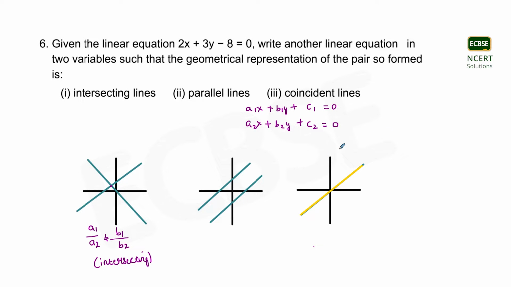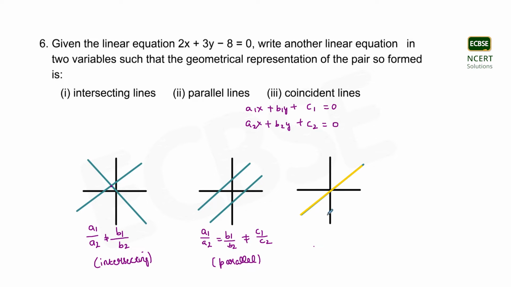So the condition on the coefficients of the pair of linear equations is that a1 by a2 is equal to b1 by b2 but is not equal to c1 by c2. When such a condition arises, such lines are said to be parallel lines.